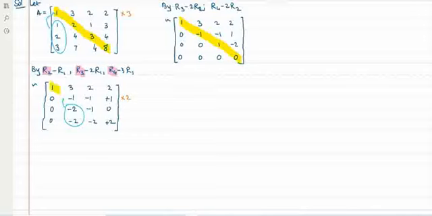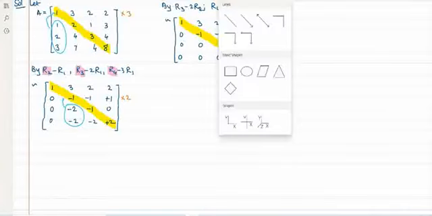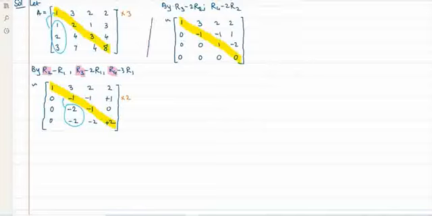Can anyone suggest what will be the next calculation, or what we have to do next? Yes, quickly. R2 divided by -1.